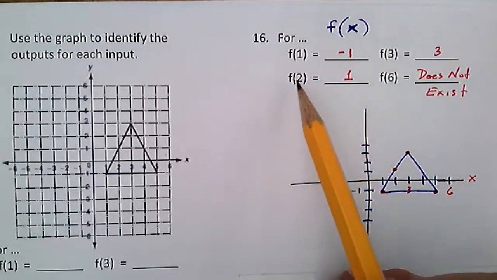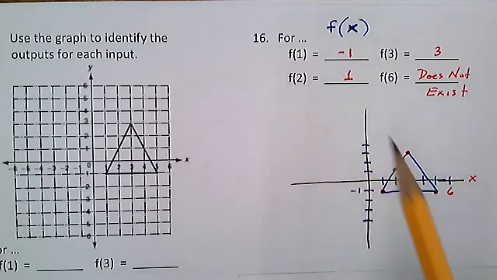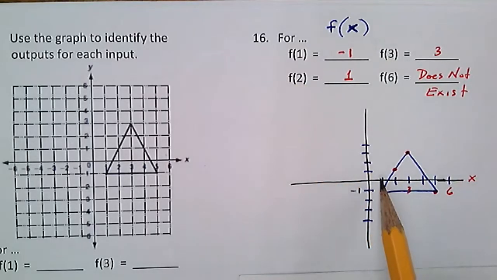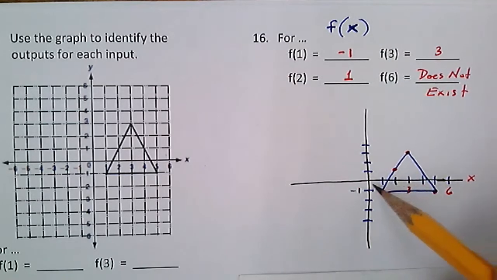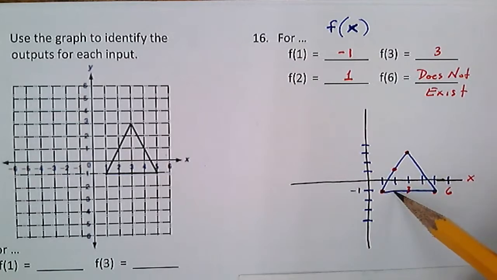Then when x is 2, if I go over 1, 2, where is the graph? At 2, it's up there. It also happens to be down there. Look at that, it's in 2 spots. So that is up there, and it's also down there.